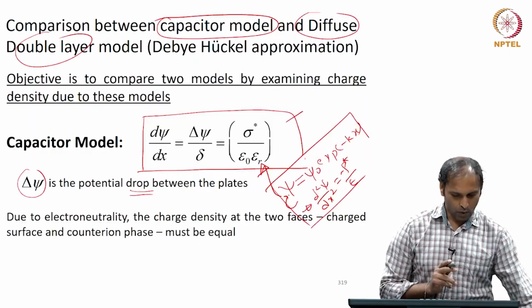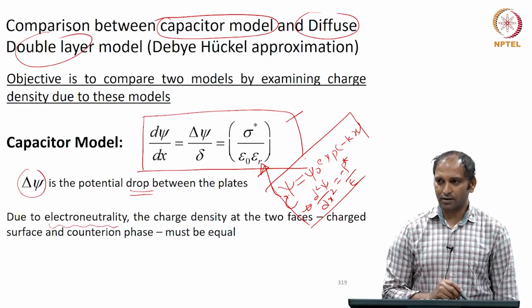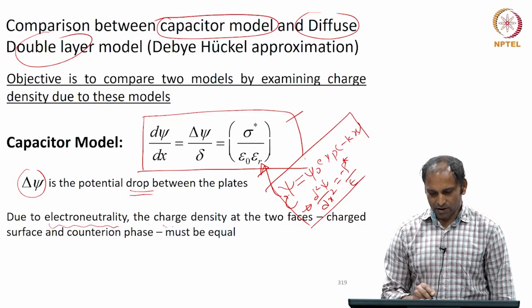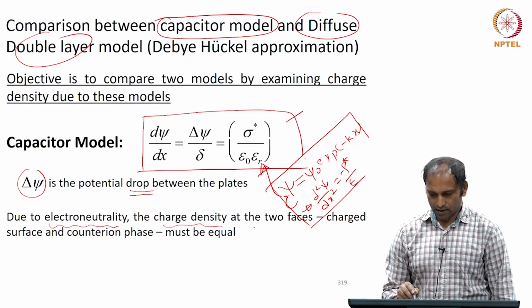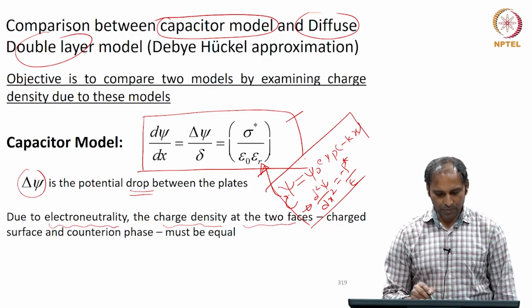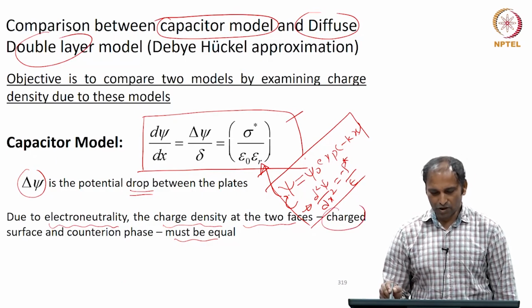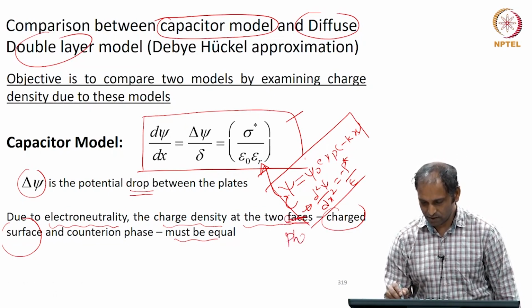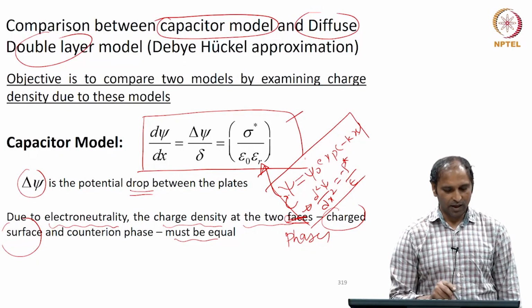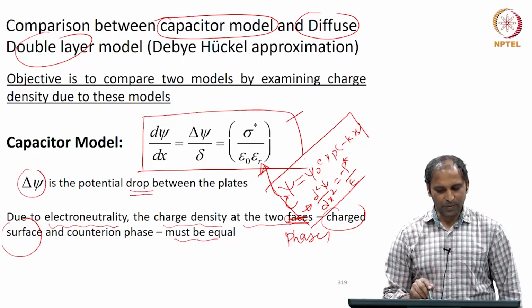Then I can say that because of the electroneutrality, the charge density at the two phases must be equal.